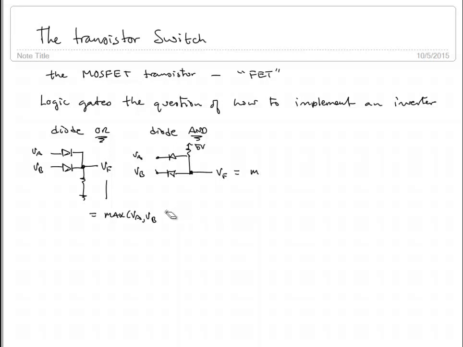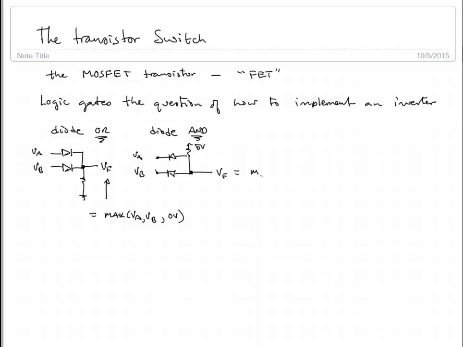Actually this would be, and we'd put 0 volts as well. So in other words, if VA and VB were like minus 10 volts, the output voltage would be 0 volts because the diodes would be off, and the resistor would basically tie VF to ground potential.